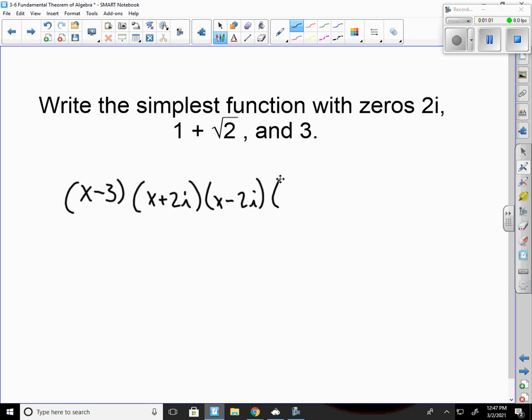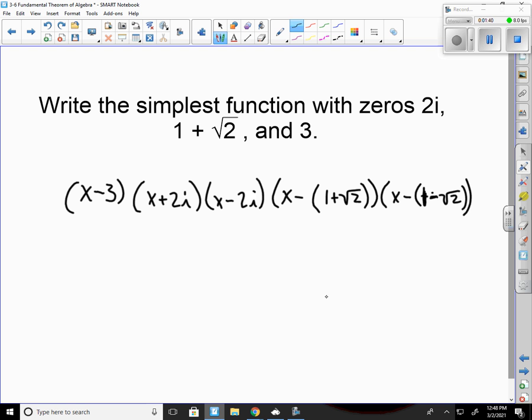After that, we're going to have x minus, and then this is now going to become a parentheses, 1 plus the square root of 2, and then x minus 1 minus the square root of 2. 1 minus square root of 2.